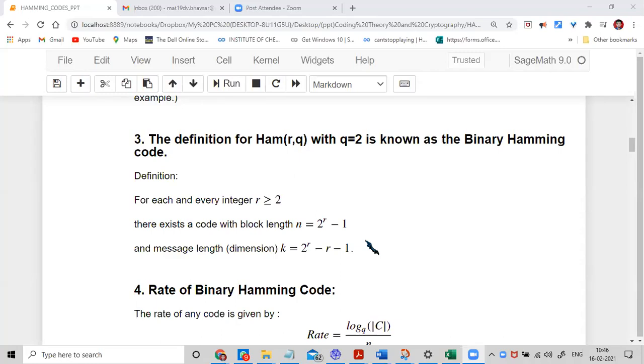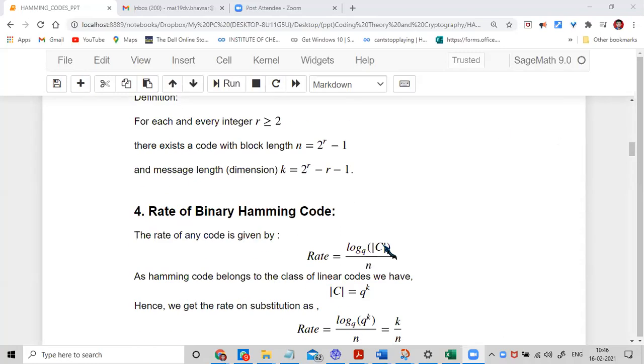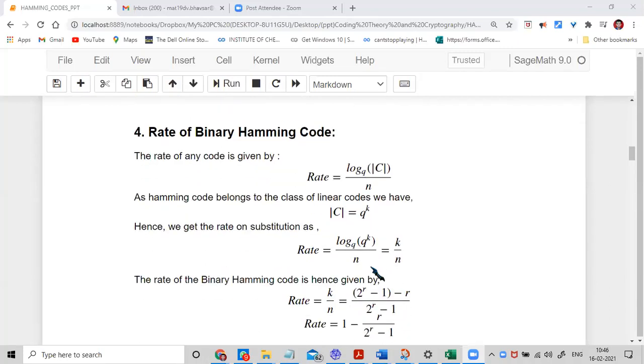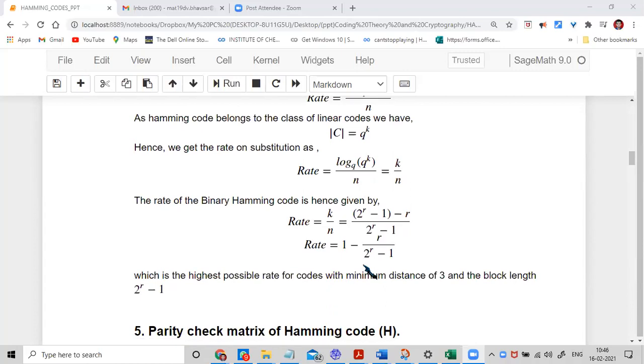Now we will try to find the rate of the binary Hamming code. The rate of any code is given by the formula log_q of the number of elements in the code C, divided by the length of the code n. Since it is a linear code, the number of elements is q^k, and hence we get the rate as k by n for linear codes.